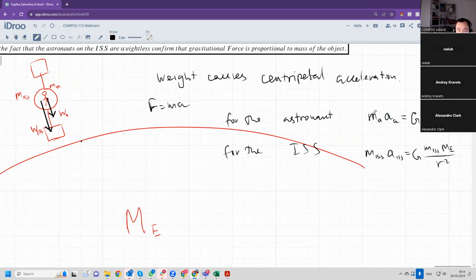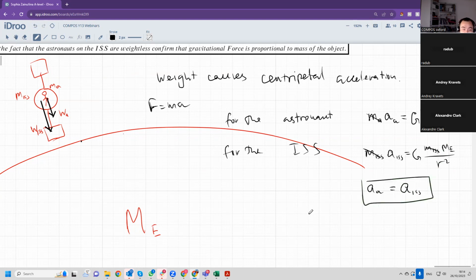And we can cancel the masses here, and we have that the acceleration of the astronaut is equal to the acceleration of the ISS. I'm speaking nonsense, not the mass, acceleration, of course.